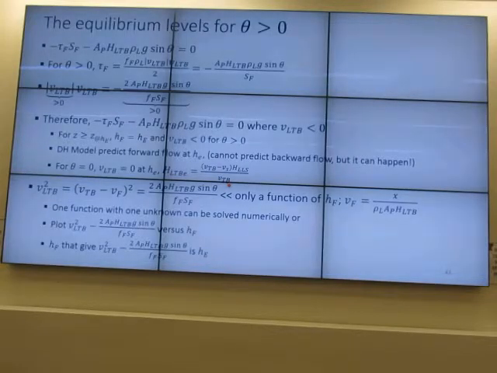And if you think about it, VTB divided by VTB is 1. VS divided by VTB is something less than 1. So this equation is telling you that the equilibrium liquid height is less than the holdup inside the slab body. So holdup at equilibrium is less. How much less? This much less.